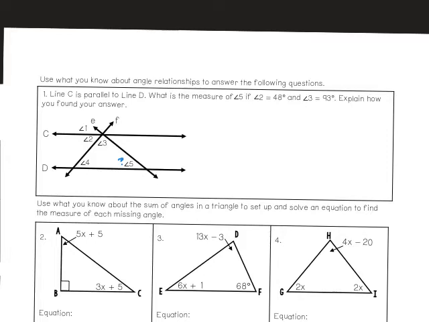Angle 2 is 48, and angle 3 is 93. Well, we happen to know from parallel lines and transversals that angle 1 and angle 5 are corresponding angles. So they're congruent. They have to have the same measurement. Angle 1 is congruent to angle 5. It has the same measure.